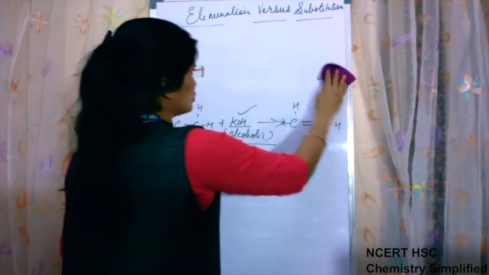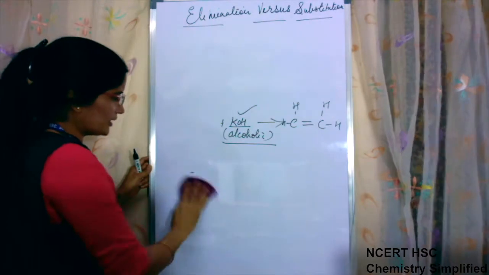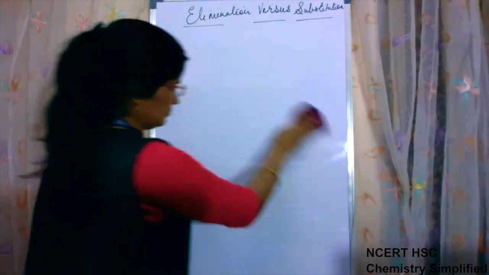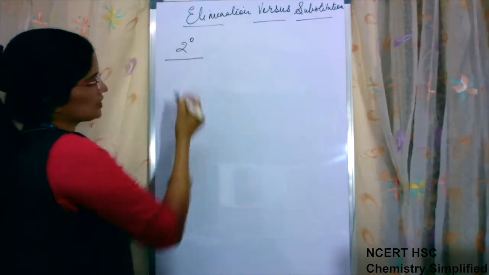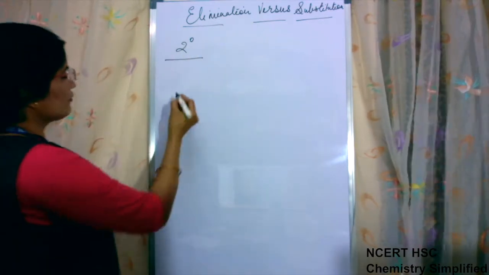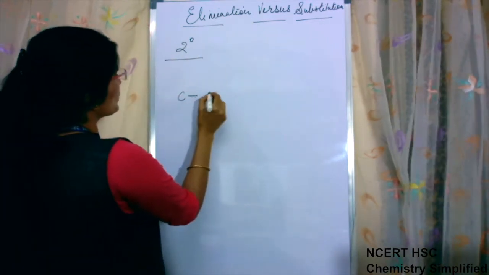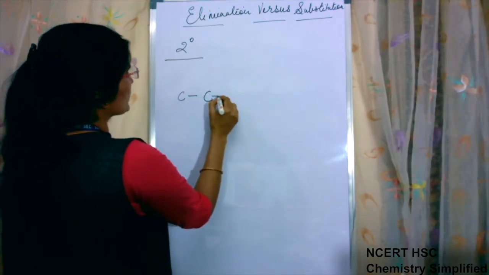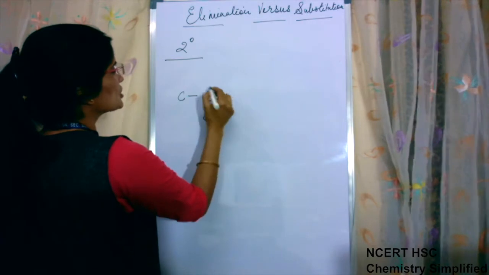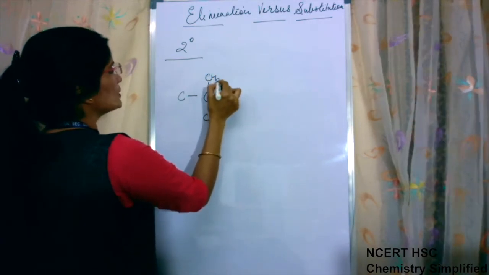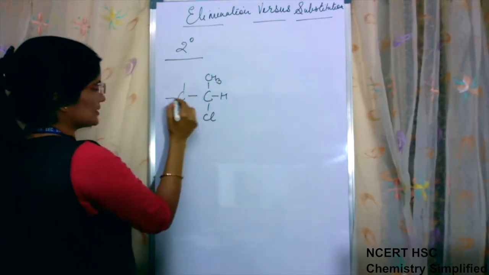Now, what will be the condition for 2 degree? This is for 1 degree. For 2 degree also the same thing is going to happen if we are using a 2 degree alkyl halide. That means Cl is here, H, and this should also be a CH3 group. This is already CH3.